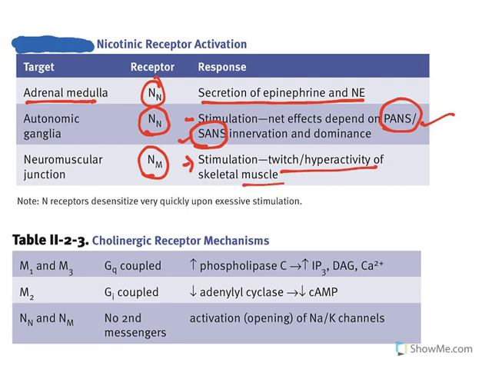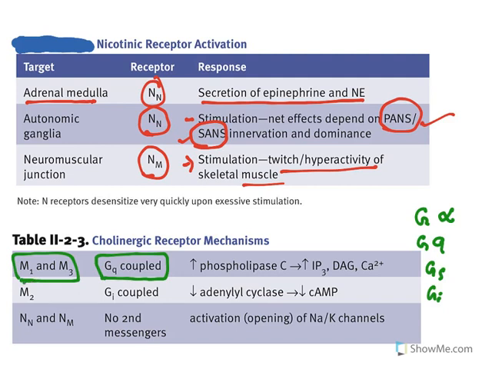Now when you see what kinds of receptors there are, the odd-numbered ones, M1 and M3, are related to G protein coupled receptors of Gq type. I have already explained G protein coupled receptors in a video. Based upon the G alpha protein, there are three types: Gq, Gs and Gi. M1 and M3 are related to Gq coupled receptors. The effects are it increases phospholipase C, increases inositol triphosphate, diacylglycerol and calcium.